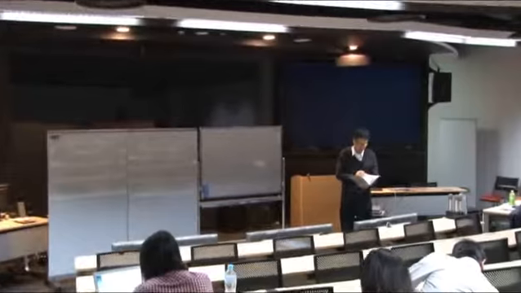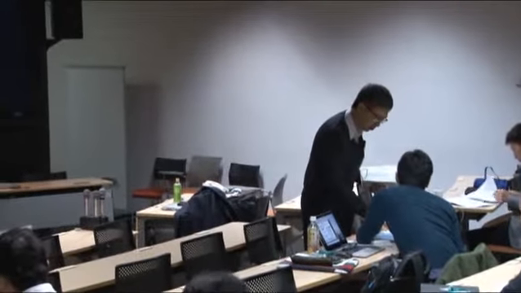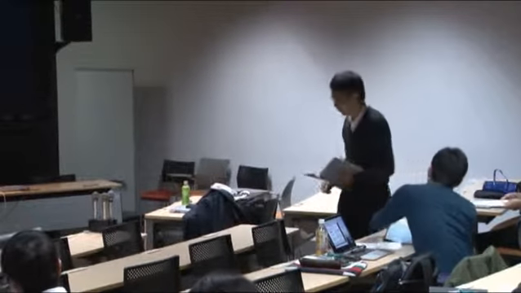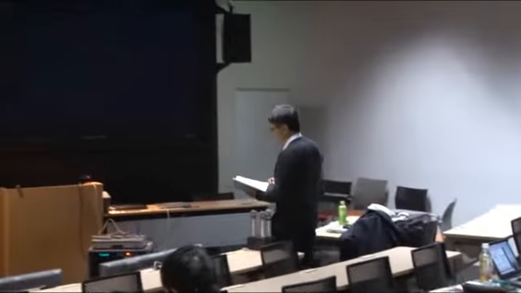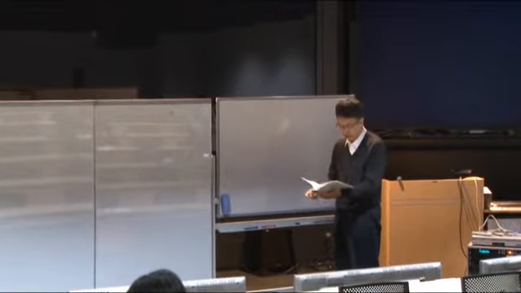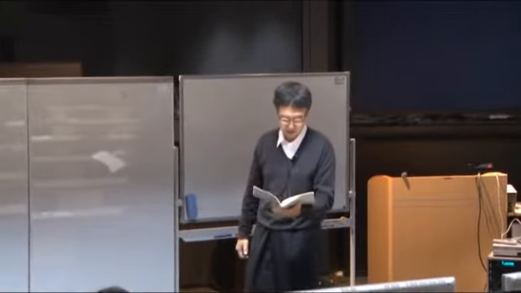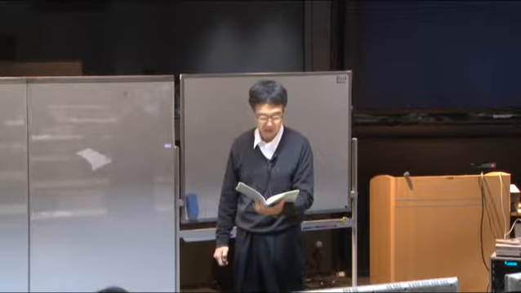Okay, so now I'd like to continue the lecture. In the last lecture, I went through all the spin satellite stabilization, and after that, we started bias momentum system, bias momentum stabilization.